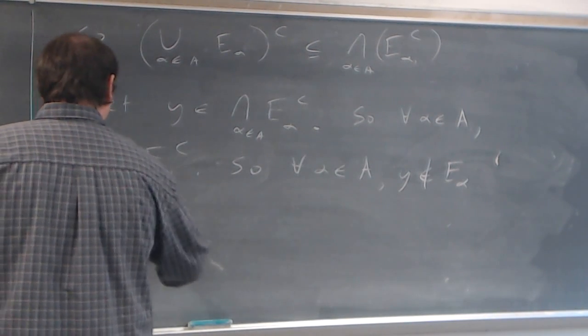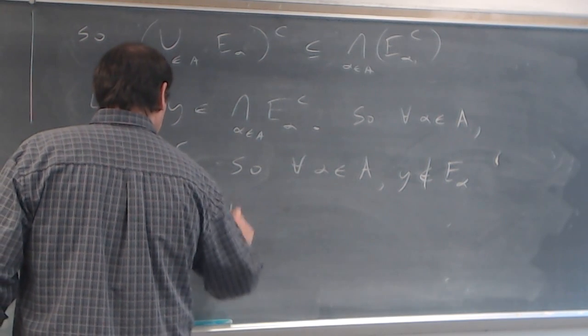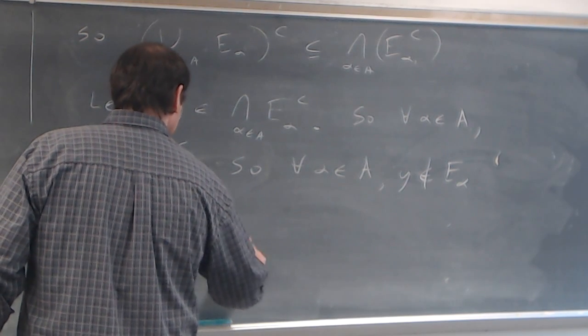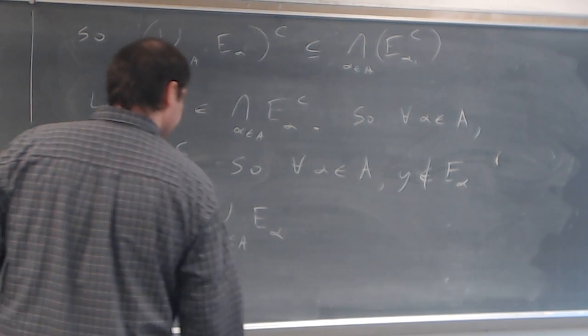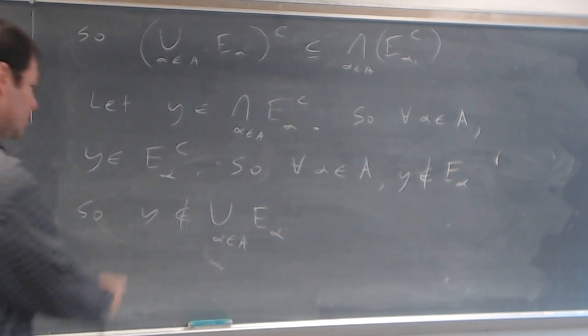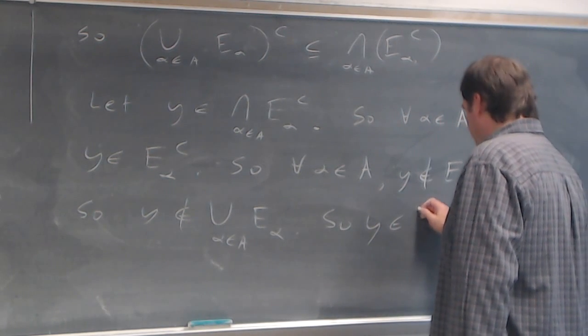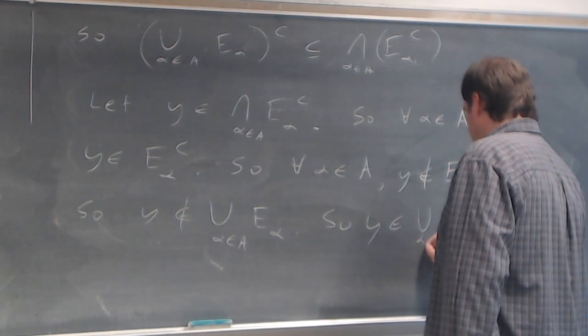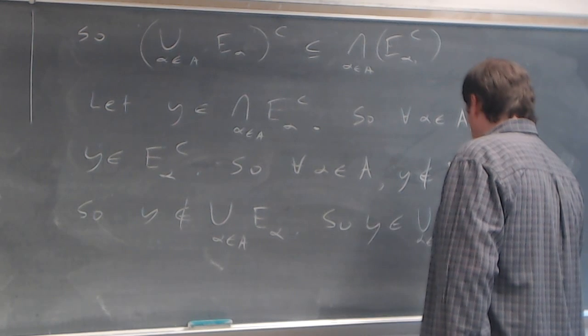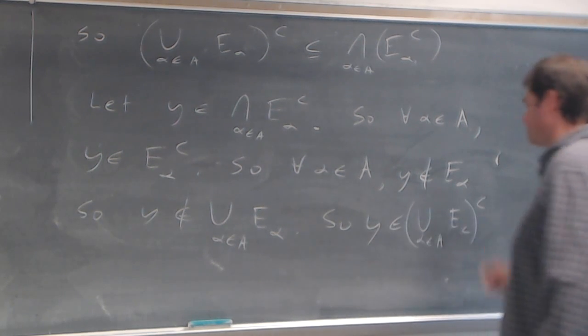So, that means that Y is not an element of the union of the E alphas, because it's not in any of them. So when you union them up, you still didn't get Y. So where's Y? Y has to be in this union's complement.